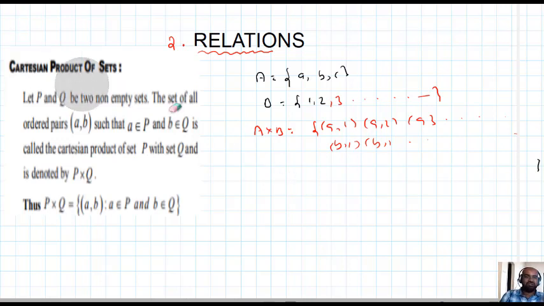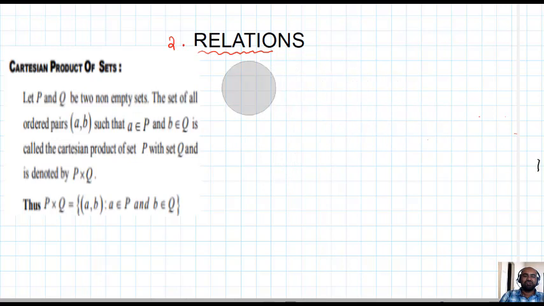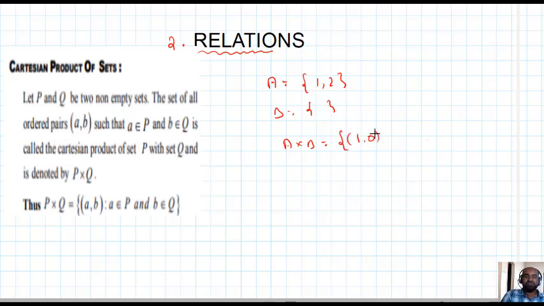Okay, you should write that note. If A or B or both A and B are infinite, then A cross B is also infinite. So one more note. This is given as 1, 2, and none. This is an empty set, no elements are there. How can you create ordered pairs? You can't create ordered pairs. 1 comma what? Nothing is there in B. We can't write 0, 0 is not there.